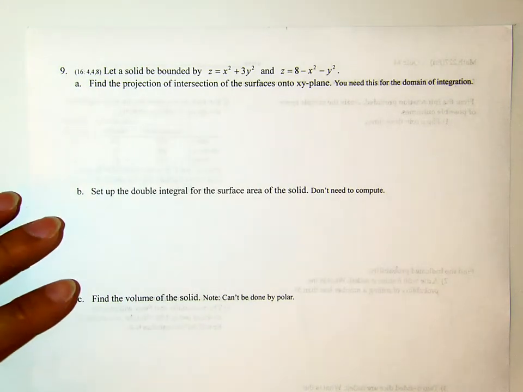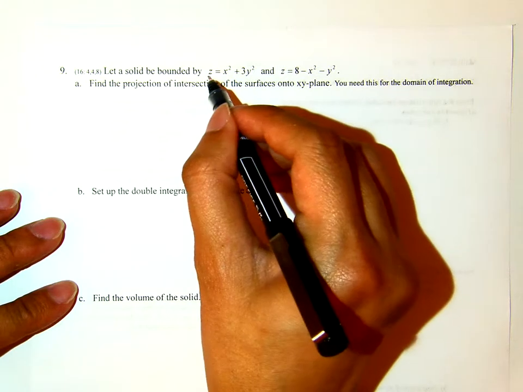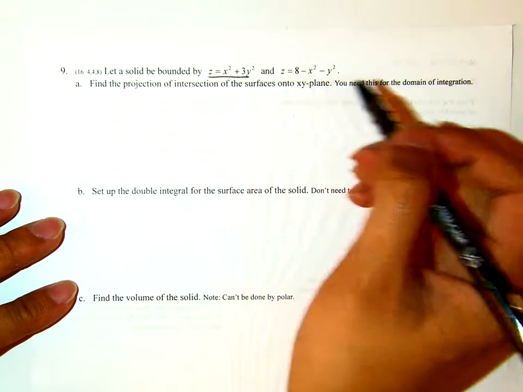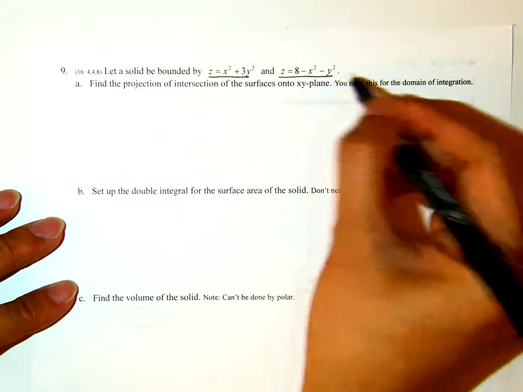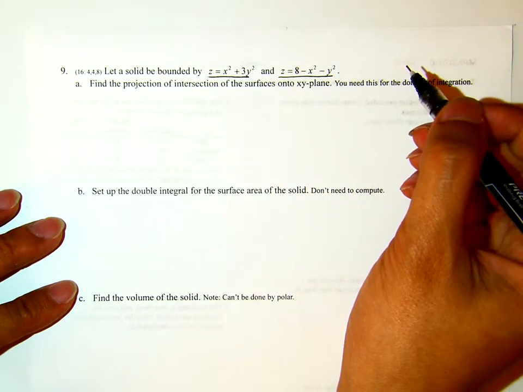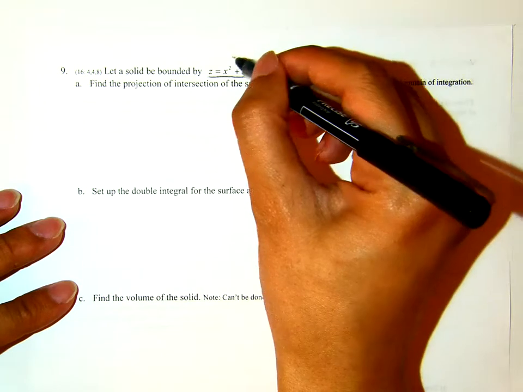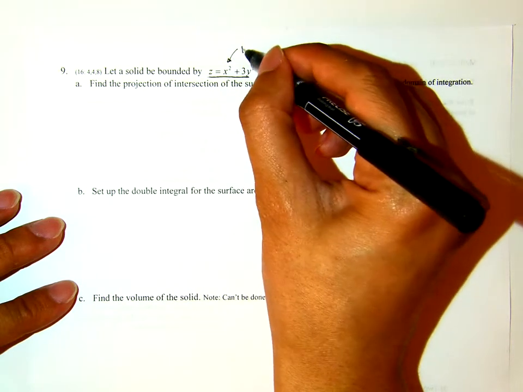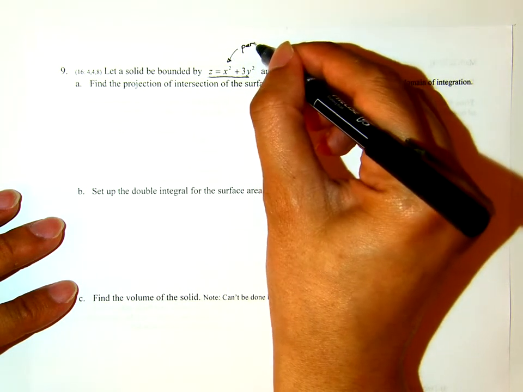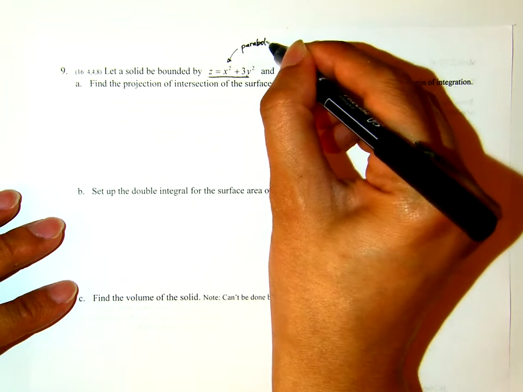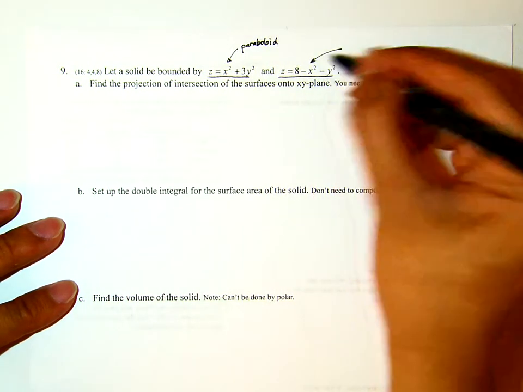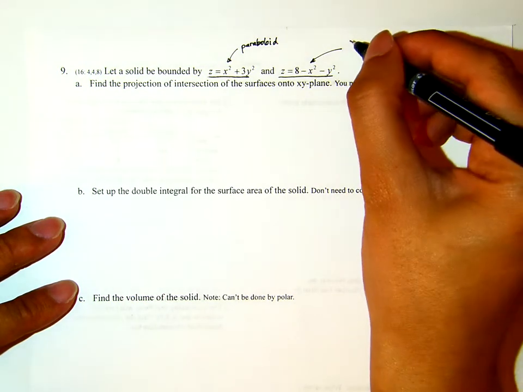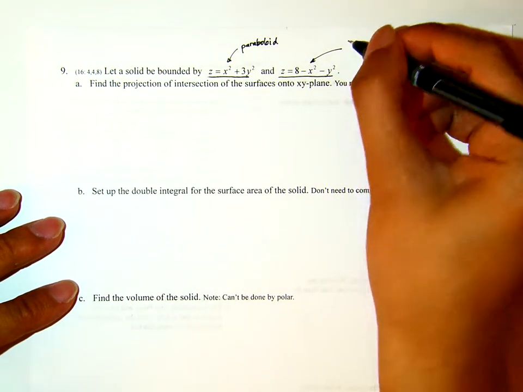Okay, part A. Let a solid be bounded by z equals x squared plus 3y squared and z equals 8 minus x squared minus y squared. Now you can imagine that this is actually a paraboloid. And this one is also a paraboloid, but it will be downward, right? Upside down.